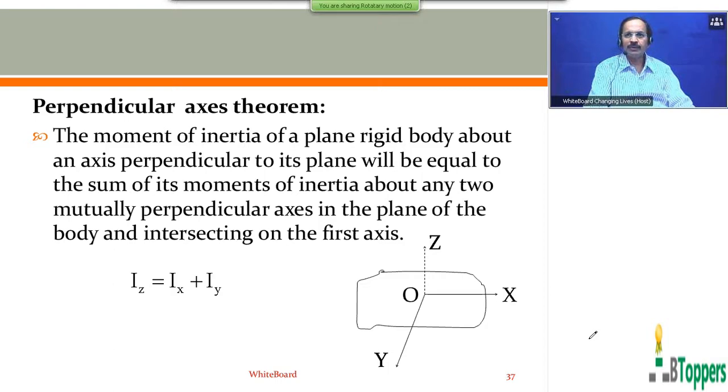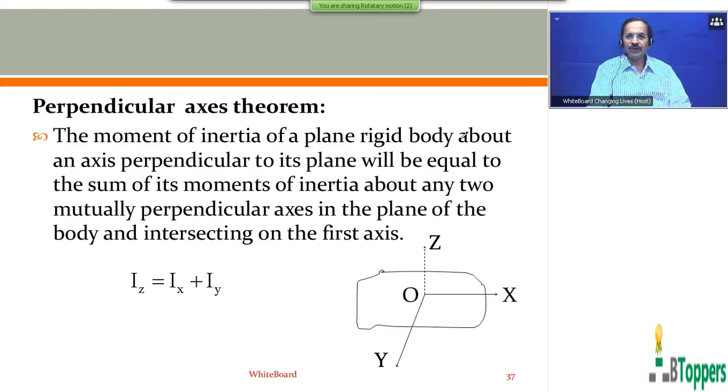You can now look at the screen here. I am showing the statement of the perpendicular axis theorem. Those who are writing notes can copy this statement as shown on the screen. I am going to read the statement once.